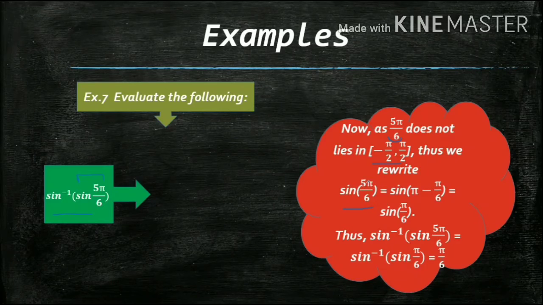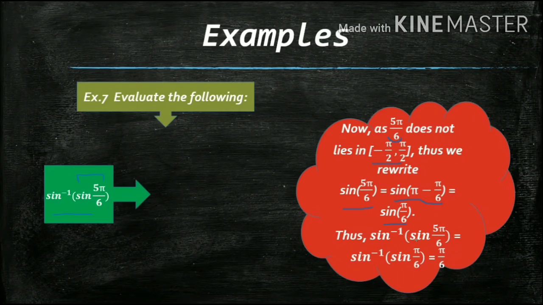Now sine of 5 pi by 6 can be written as sine of pi minus pi by 6, which is nothing but sine of pi minus theta. And you know from your earlier lectures of trigonometry that sine of pi minus theta is sine of theta, which is sine pi by 6. Now pi by 6 belongs to the closed interval minus pi by 2 comma pi by 2.